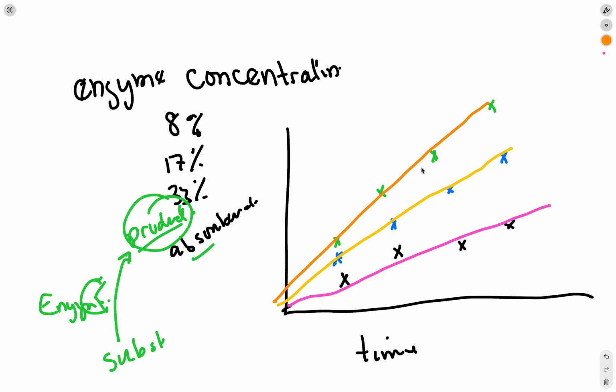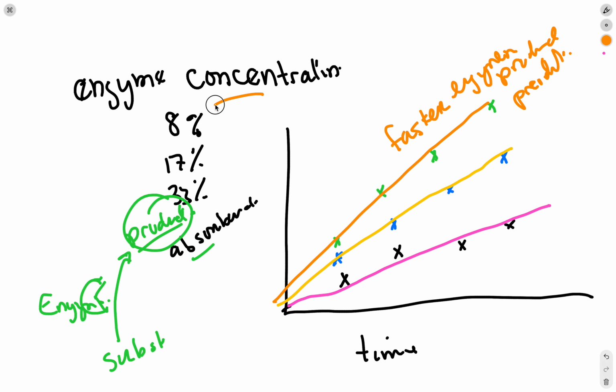And so that is measuring the rate of the enzyme reaction. The steeper the rate, the faster the enzyme produces product. And so here, I think the data I sketched out, it wouldn't be too surprising if the concentration increases, we would increase the rate.